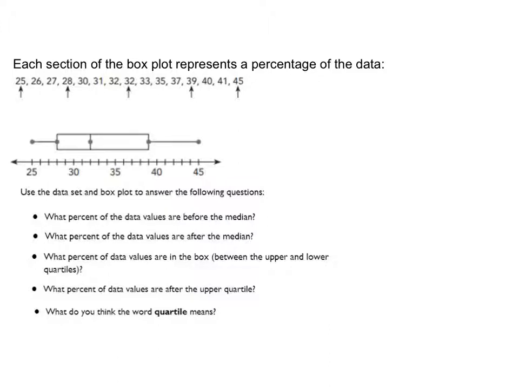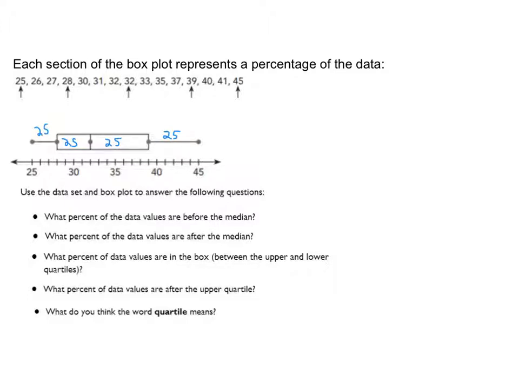So this section represents 25% of the data. This box represents 25% of the data. This box represents 25% of the data. And this last section represents 25% of the data.